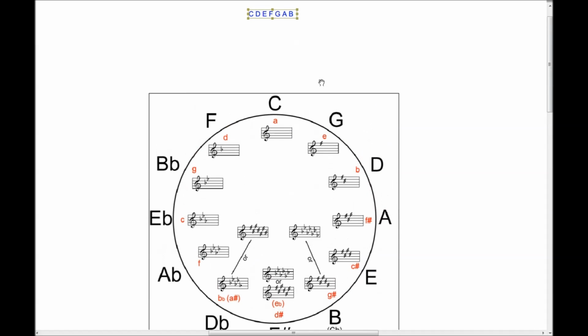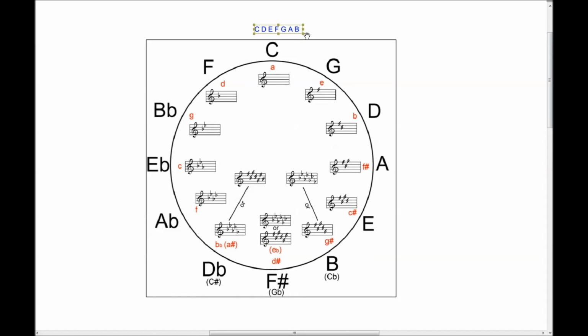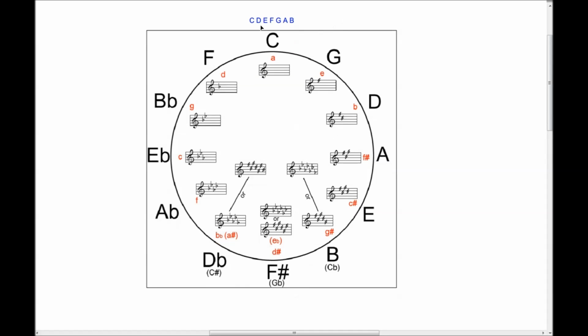So I've just written out the notes of C major: C, D, E, F, G, A and B. Now if we look, the fifth note is G. C is the first, D is the second, E is the third, F is the fourth, G is the fifth. And so G becomes our next major scale on the circle.